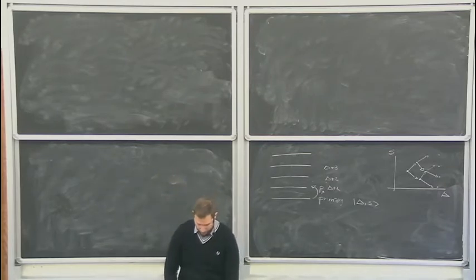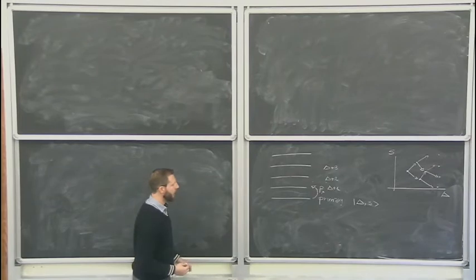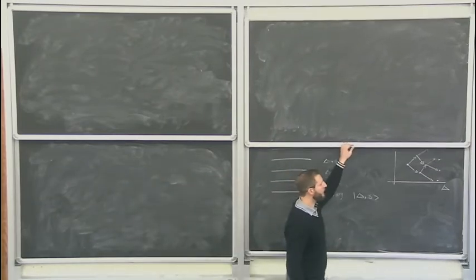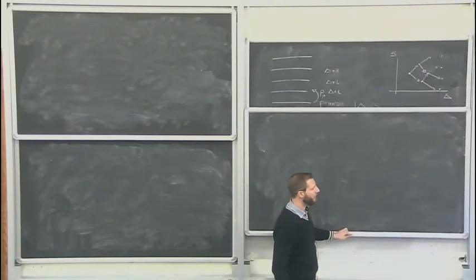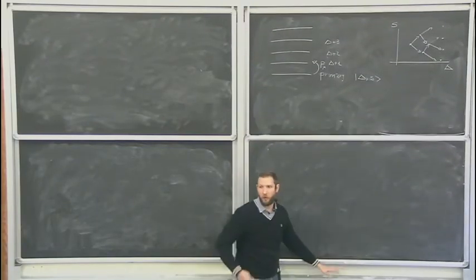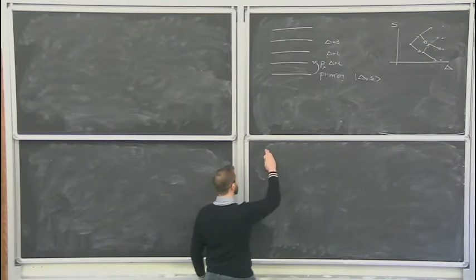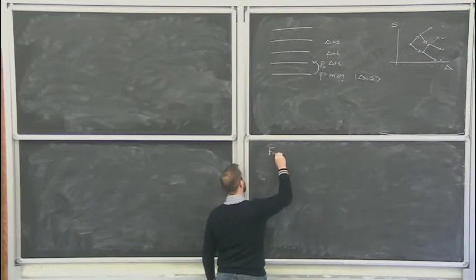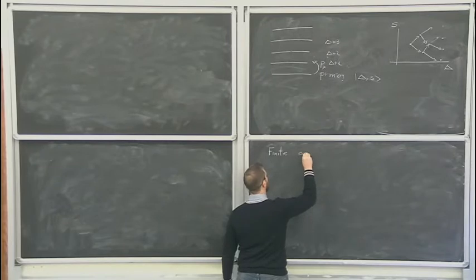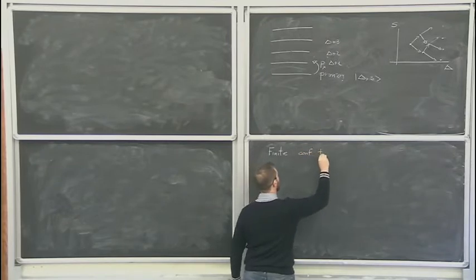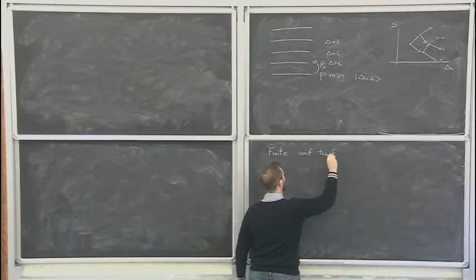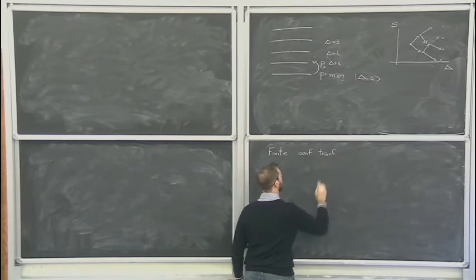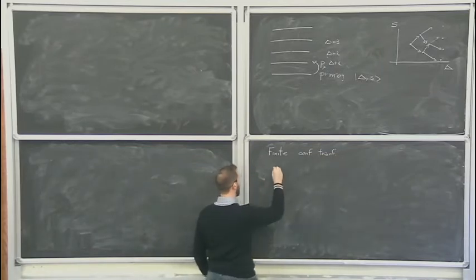And another thing that I sketched before was the finite form of transformations. We defined conformal transformations in infinitesimal form, but you can also obtain the finite form of the transformation. So finite conformal transformations will have the following form.